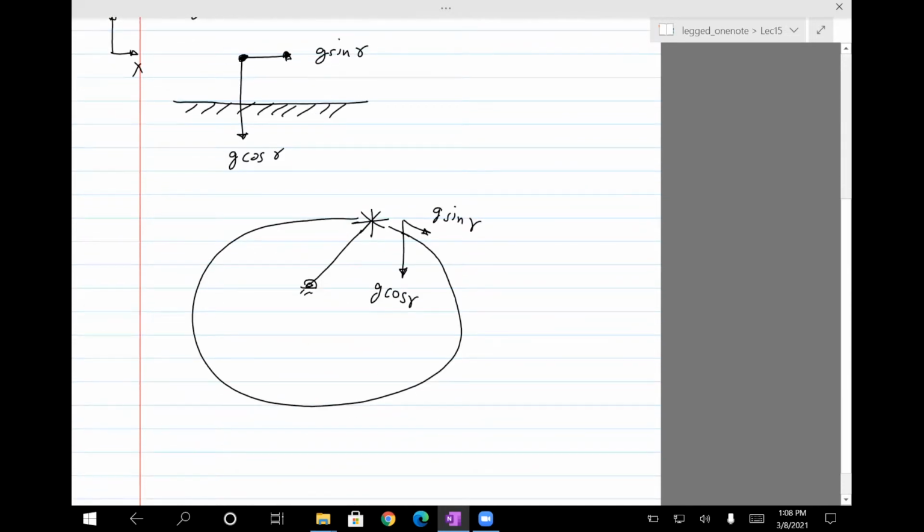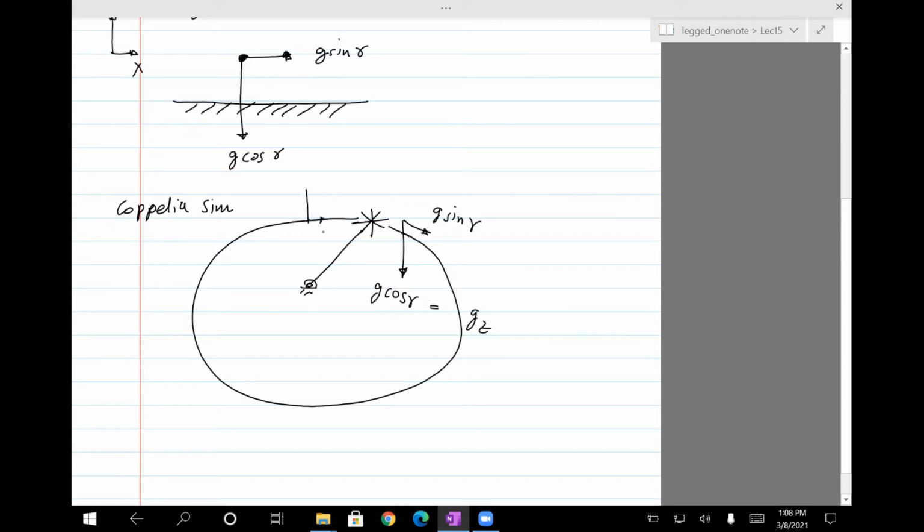However, in this case, when things are going in a circle in CoppeliaSim, g cos gamma is always along the z component. That's not a problem. But g sine gamma now is not along the x direction because the x direction keeps changing.